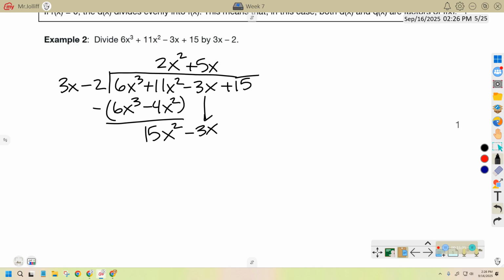Because if I reverse it, x times x gets me back to x squared. Pretty sure I did that correct. And then we multiply. So 5x times 3x is 15x squared. That's the check we did this correctly. 5x times negative 2 is negative 10x. Come on, pen.